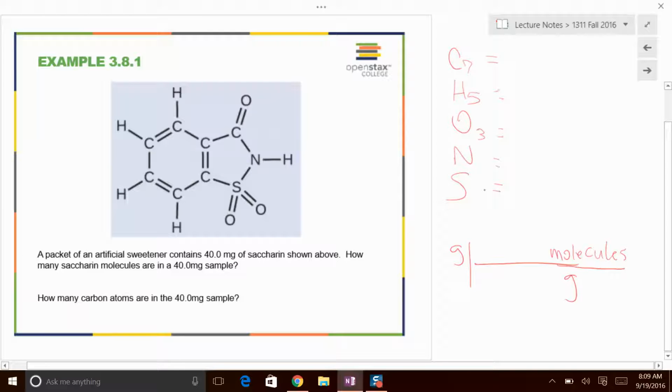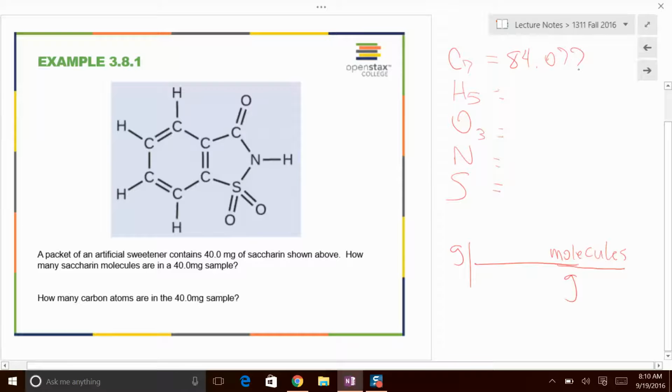So first we're going to say for carbon, 12.011 times 7. What do you get? Who can do that for me? 84.077.